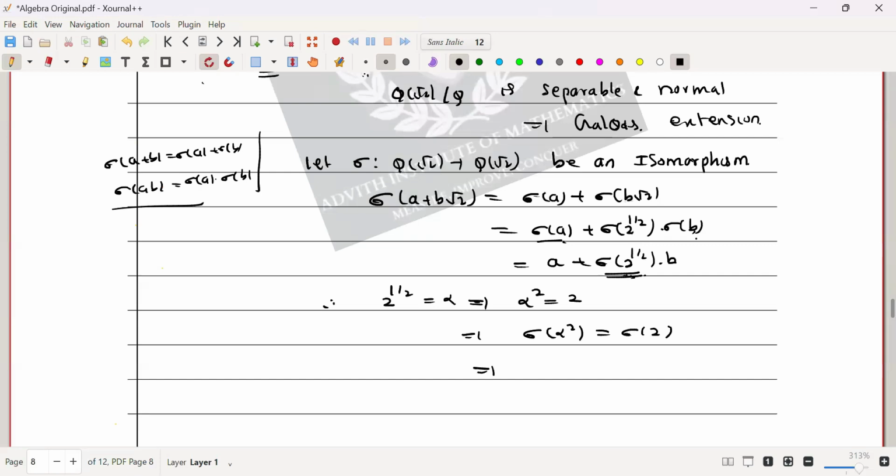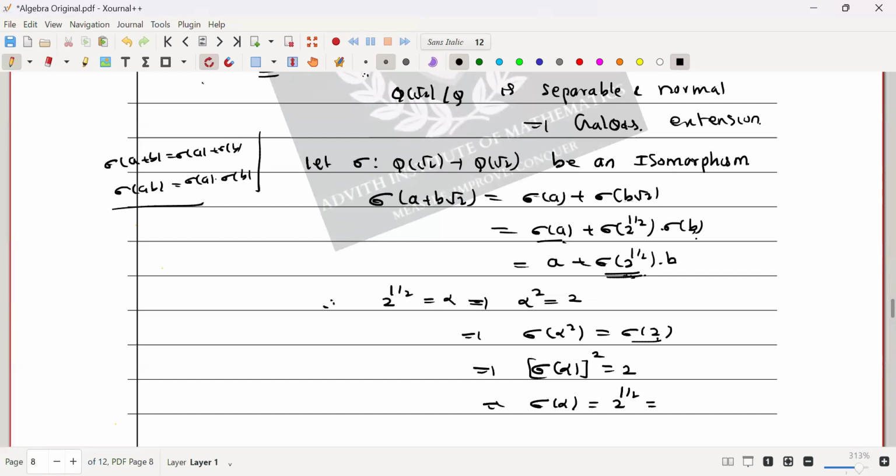Since sigma is an automorphism, sigma of alpha square equals sigma of alpha whole square, and sigma of 2 is a rational number. So sigma of 2 is equal to 2, sir. Right? Sigma of 2 is equal to 2. So which implies sigma of alpha whole square is equal to 2.